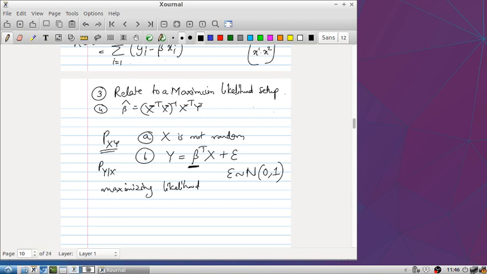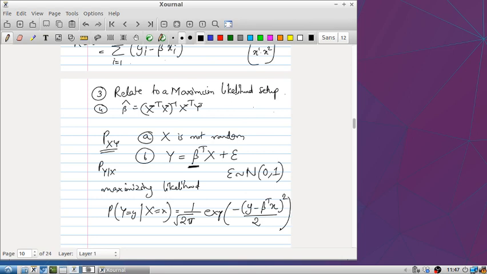Just like before, x is not random. There is some beta for which y gets beta transpose x plus something which is actually random, and I know the distribution. This is normal, with exactly mean 0 and variance 1. That means that p of y equal to little y given x equal to little x is equal to 1 by square root 2 pi, e to the power minus (little y minus beta transpose little x) squared by 2. Okay.